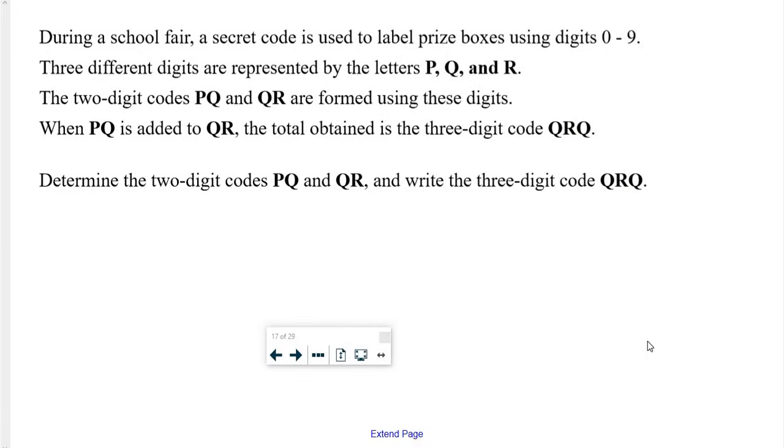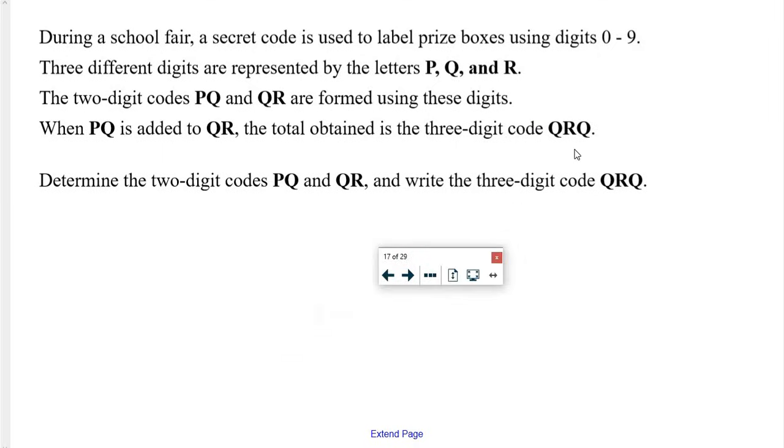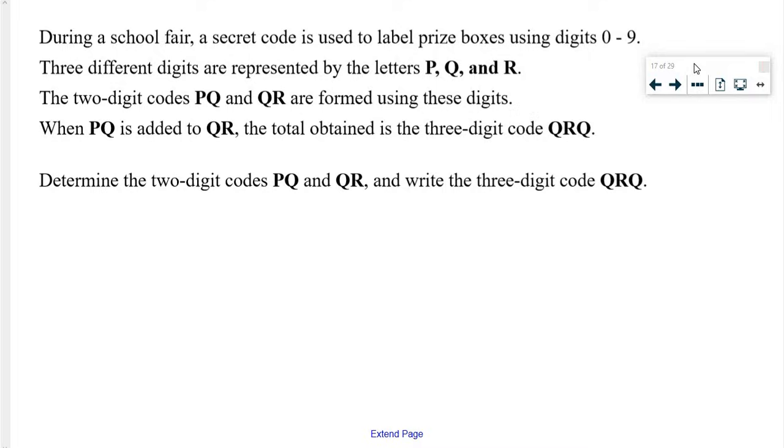During a school fair, a secret code is used to label prize boxes using digits 0 to 9. 3 different digits are represented by the letters P, Q, and R. The 2-digit codes PQ and QR are formed using these digits.